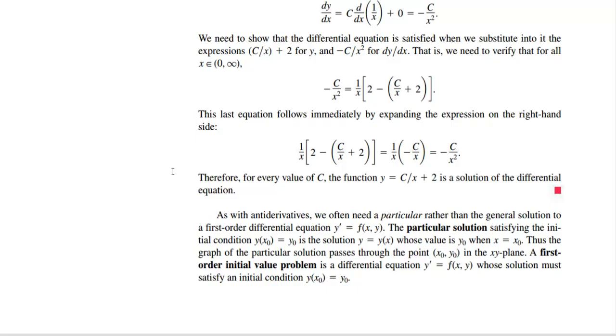So the graph of the particular solution passes through the point (x0, y0) in the xy-plane. A first-order initial value problem is a differential equation y' = f(x,y) whose solution must satisfy an initial condition y(x0) = y0.